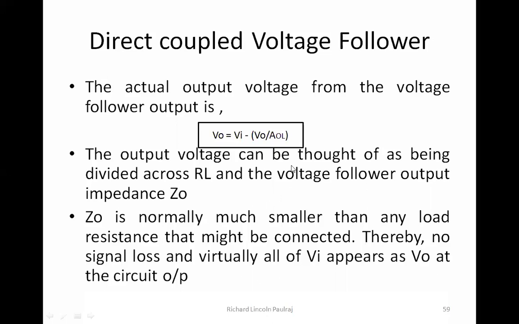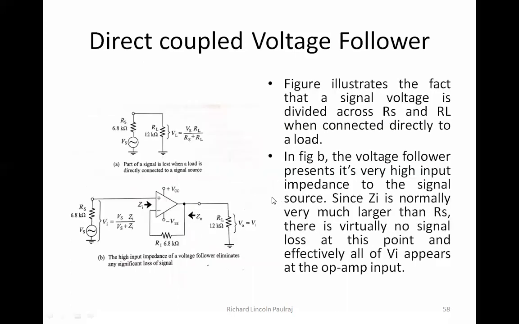Okay, so we have seen the formula. The output voltage is equal to Vi minus V naught divided by AOL. Fine. So the output voltage can be thought of as being divided across RL and the voltage follower output impedance Z0. Okay, so which means you have your resistance here, RL, and you have your total output impedance here, Z0.